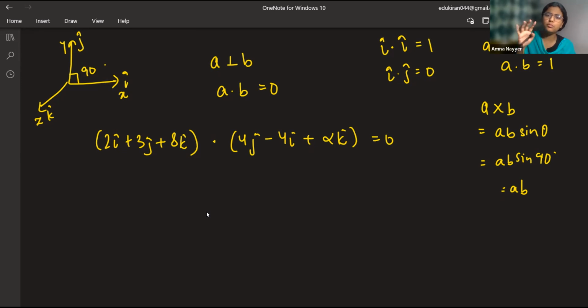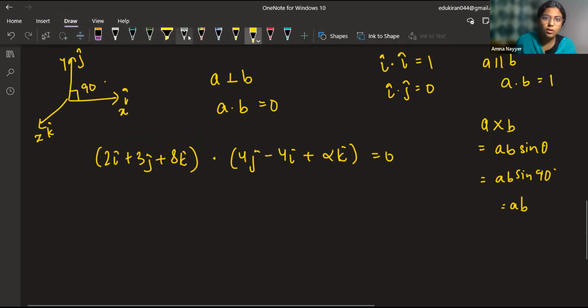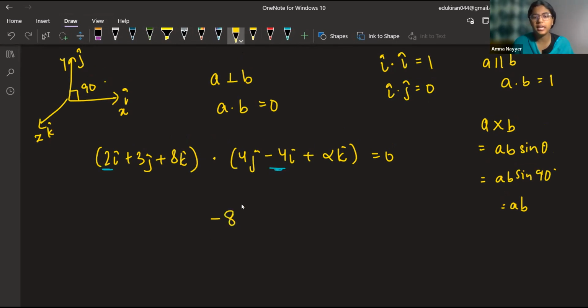Whenever you have questions, we want to reduce the terms. So now also I cap, what are all the like terms together? See, 2 with -4 you will multiply I cap with I cap, because I dot j will become 0. There is no significance of your answer. We want I dot I. So here what you will write, 2 into -4, that is -8.